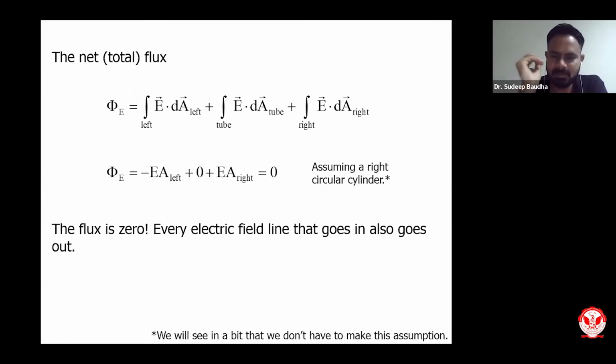So what does it mean? Net flux is 0. It means every electric field line that goes in also goes out. So there's nothing which is remaining in that. Whatever electric flux is coming inside, the same thing is going out. So the net flux of a cylinder is 0 in this case.